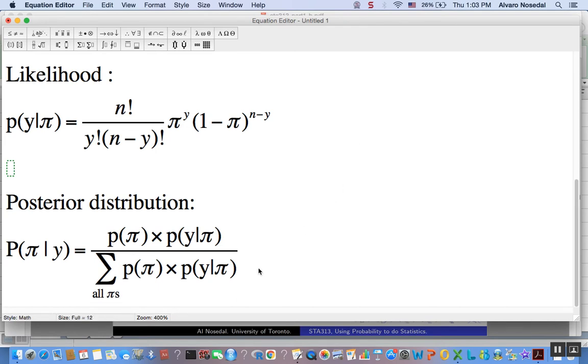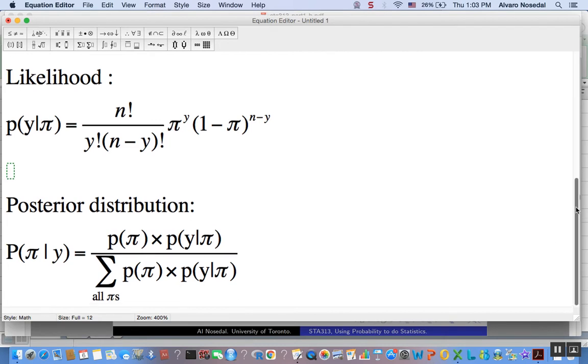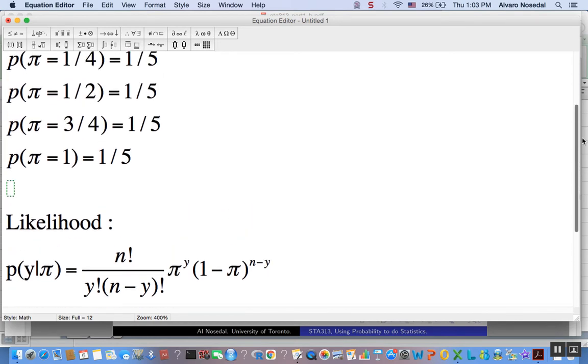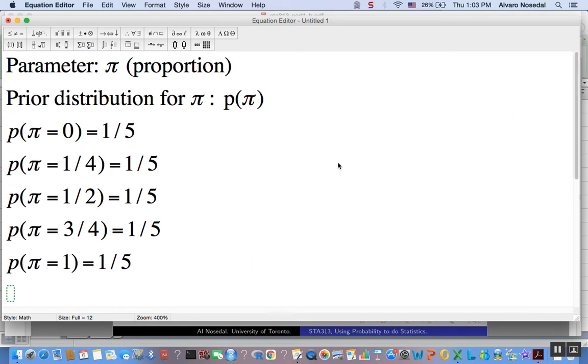Okay, so now that we have summarized what we have done so far, the change that we are introducing in this video, the kind of extension, a new idea, is: what if instead of having a prior distribution for pi, that proportion, being a discrete probability distribution with a finite number of possible values, we wanted to consider a prior distribution for pi in an interval?